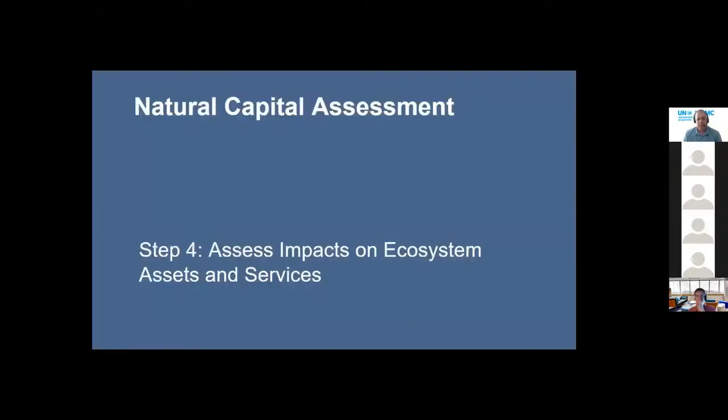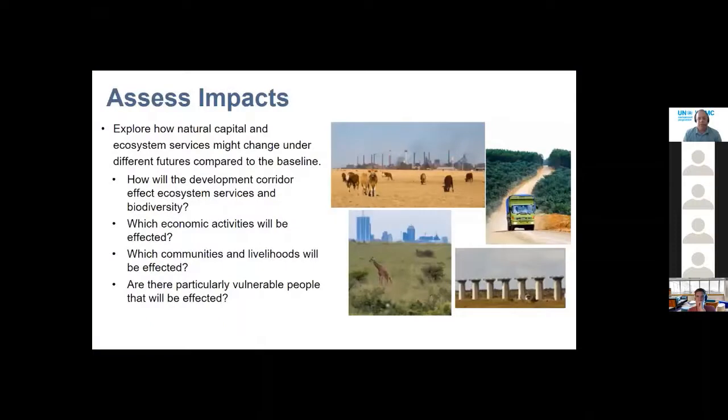So to move on to step 4, which is using the natural capital assessment. The idea here is we want to use the assessment to understand how natural capital and ecosystem services might change in the future compared to the baseline that we've established through steps 2 and 3.